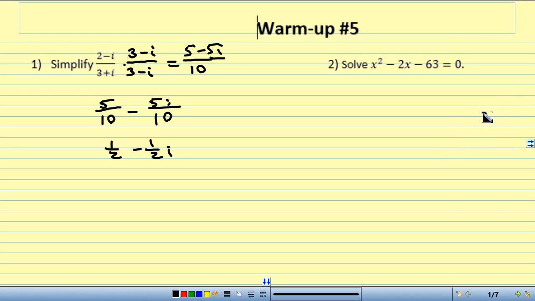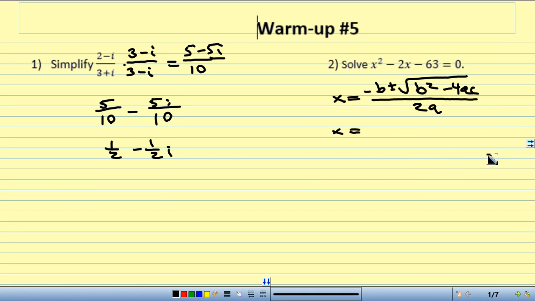So I'm just going to use the quadratic formula: x equals negative b plus or minus the square root of b squared minus 4ac, all over 2a. So I have x equals 2 plus or minus the square root of 4, I just squared it out, minus 4 times 1 times negative 63.